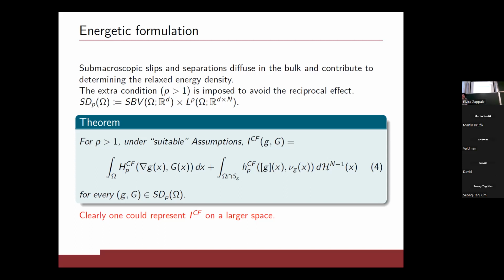Also, I'm automatically restricting this representation to SBV for what concerns the field little g.